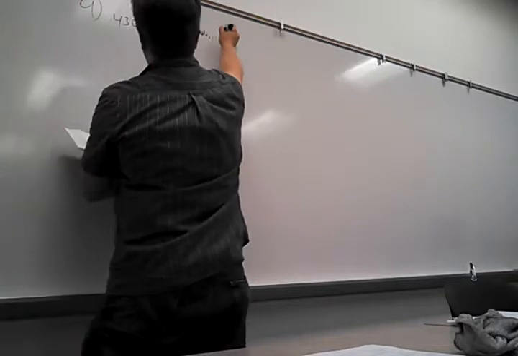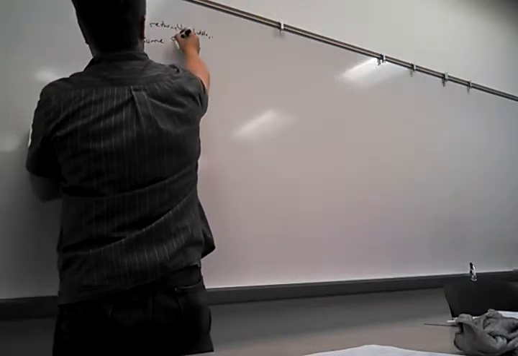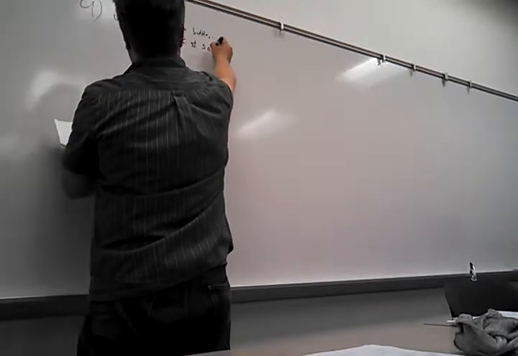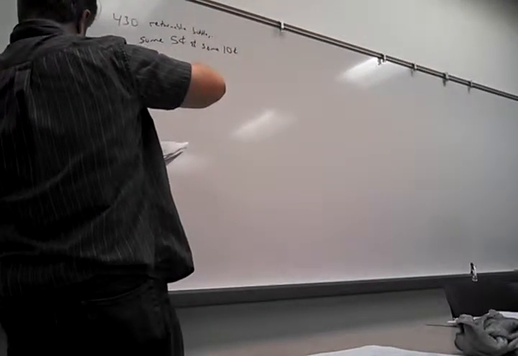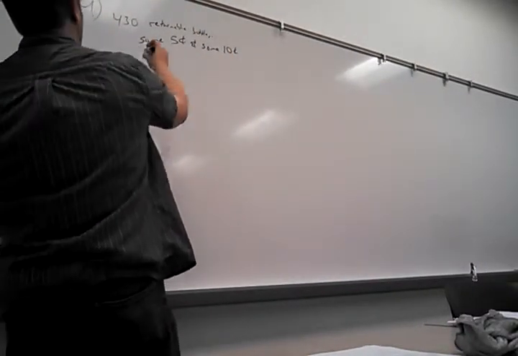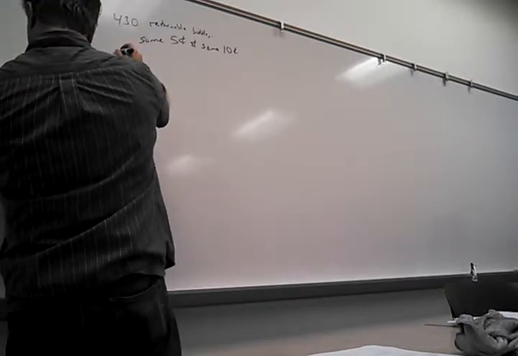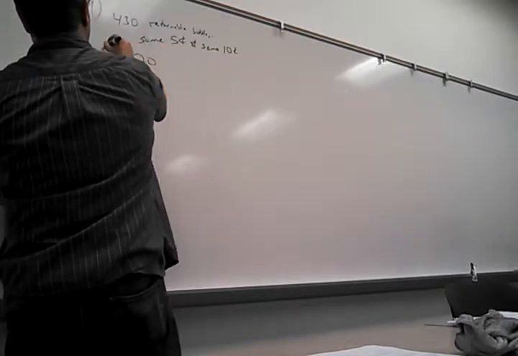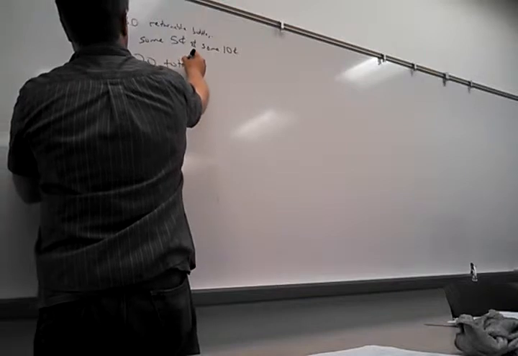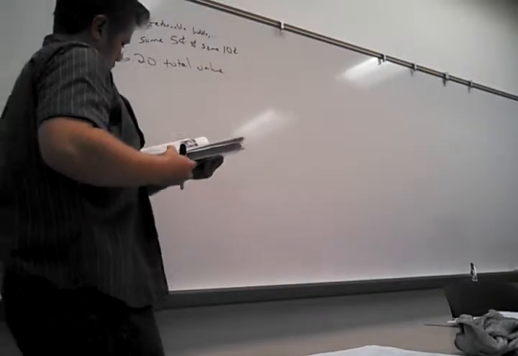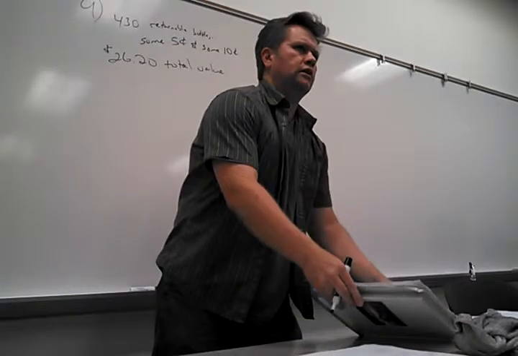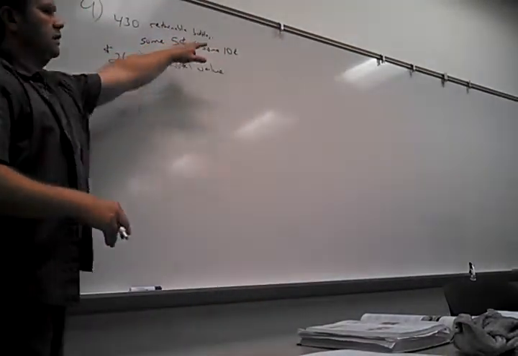Some worth 5 cents and some 10 cents. If the total value of the cans and bottles was $26.20, how many of each did they actually collect? How many 5-cent bottles? How many 10-cent bottles?